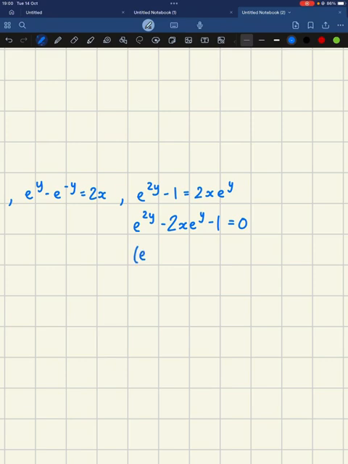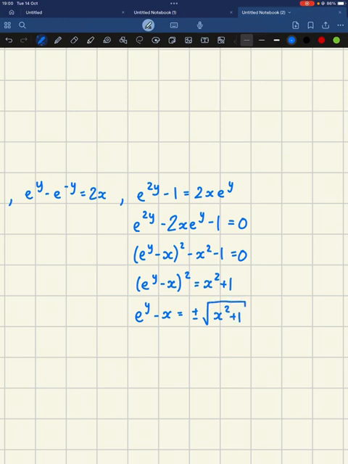So we get e to the y minus x, all squared, minus x squared, minus 1 equals 0. So e to the y minus x all squared is equal to x squared plus 1. Square rooting, we get e to the y minus x is equal to plus or minus the square root of x squared plus 1.